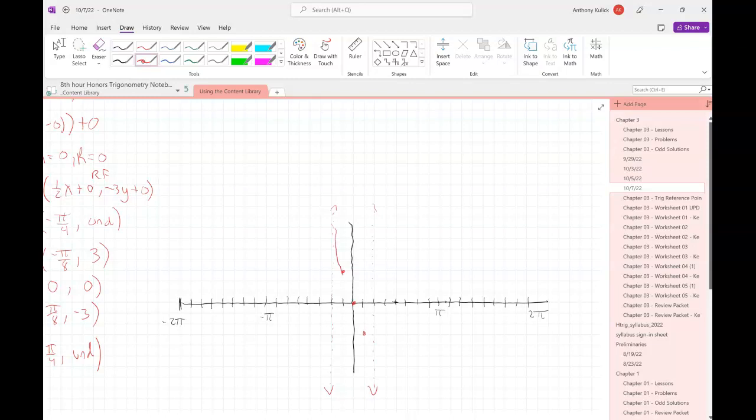I'm going to connect my graph now. And then it's just going to be repeating the same thing over and over again.